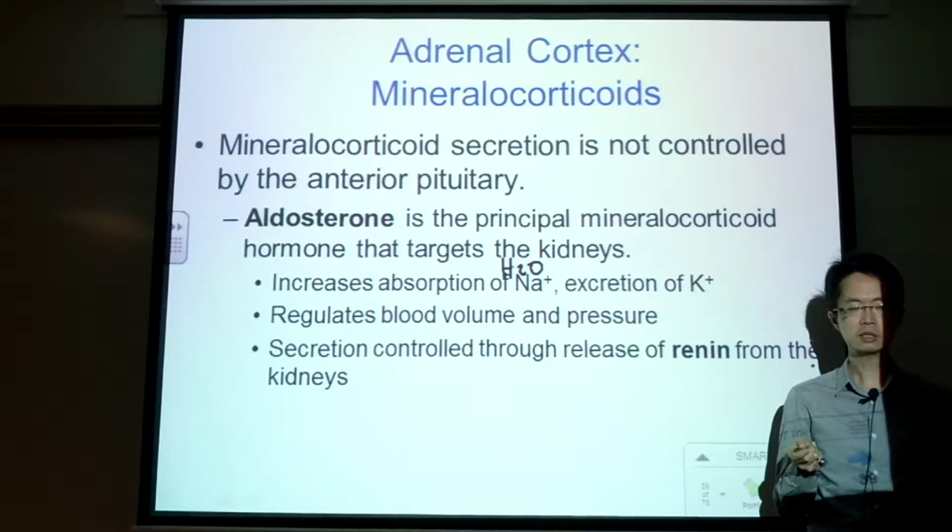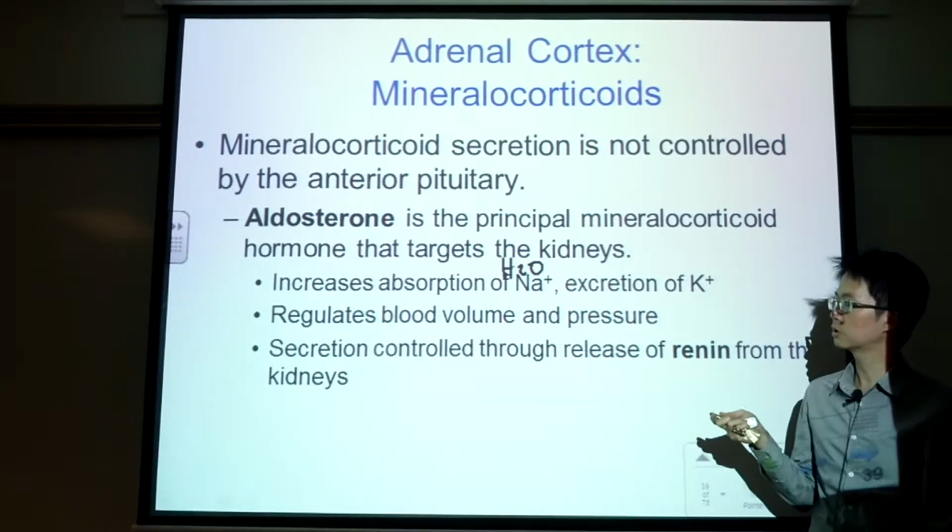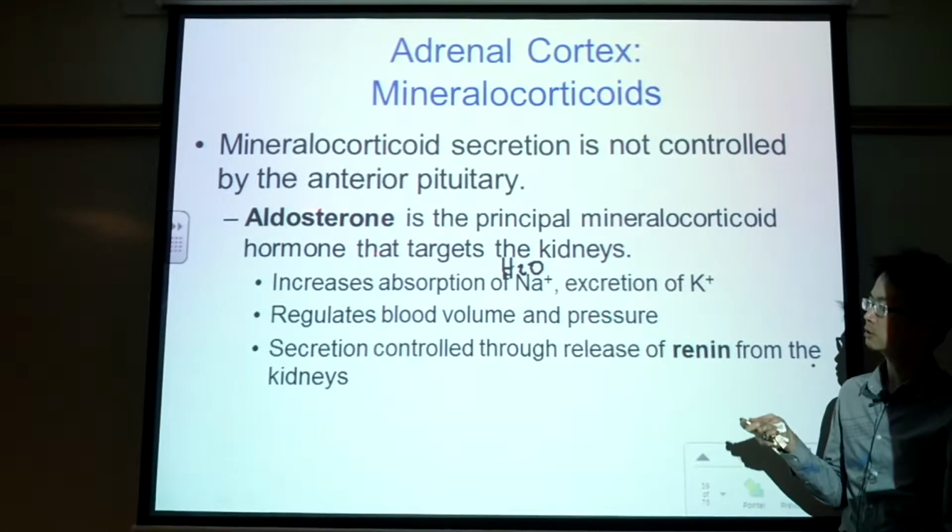Then angiotensin 1 will be converted into angiotensin 2 by the angiotensin converting enzyme secreted by the lung. And then angiotensin 2 will induce the secretion of aldosterone in the adrenal cortex.